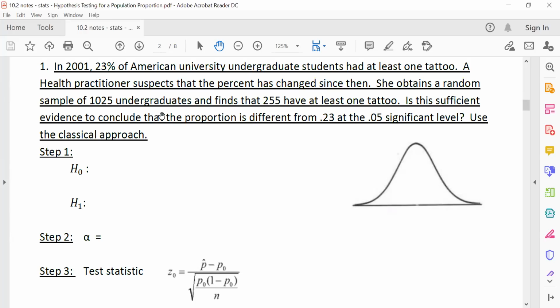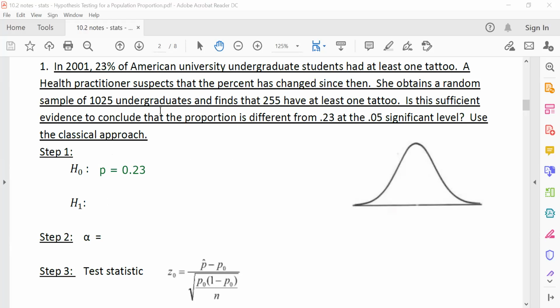Okay, so we're going to work this one totally together. First of all, the null hypothesis, we're talking about a proportion. The null hypothesis is going to be that the true proportion of these students that have a tattoo is 0.23, that 23% of them have at least one tattoo.